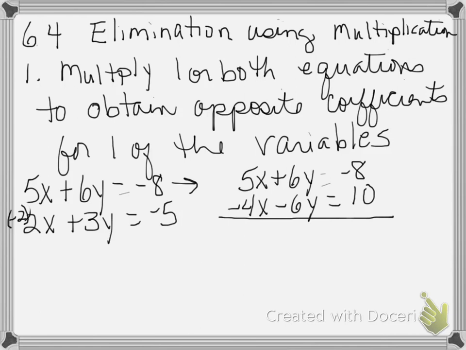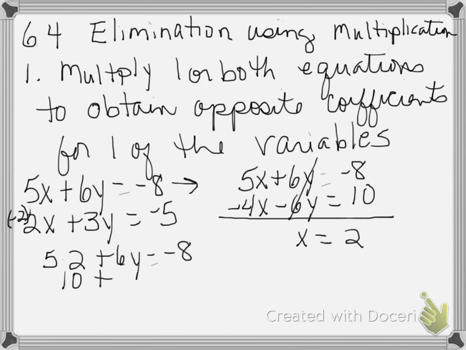Now, this is just like the section before that. They have opposite coefficients. The 6y's go away. 5x minus 4x is 1x, or x is equal to negative 8 plus 10, which is 2. Now, I'm going to plug x equals 2 into one of the original equations. It does not matter which one, you will get the same answer. I'm going to plug it into the first one. So that's 5 times 2 plus 6y is equal to negative 8.